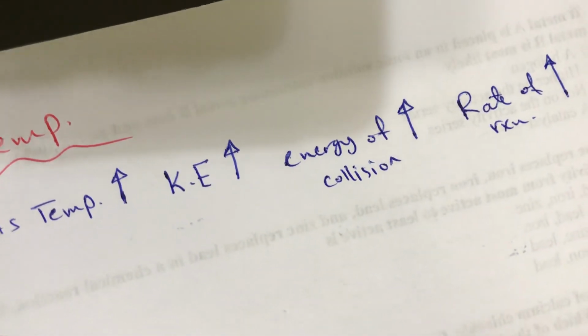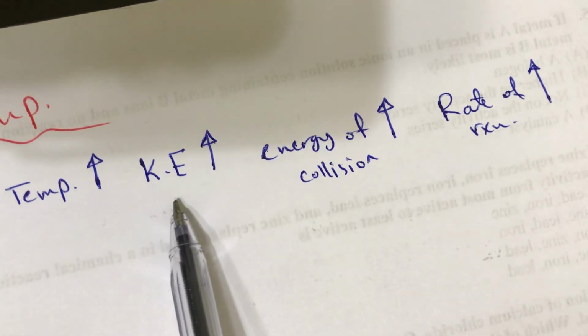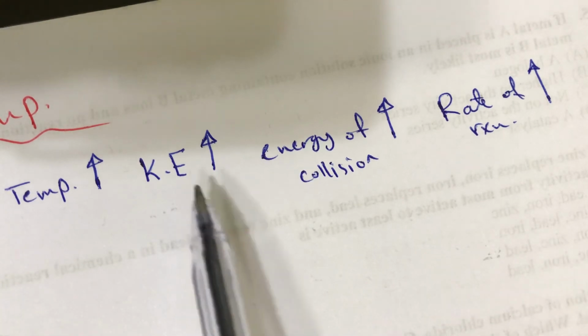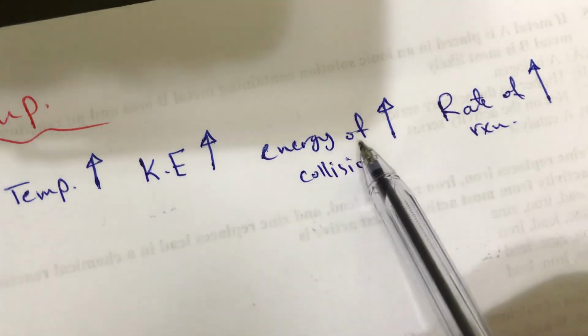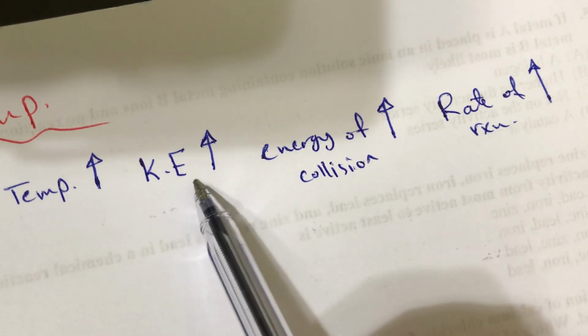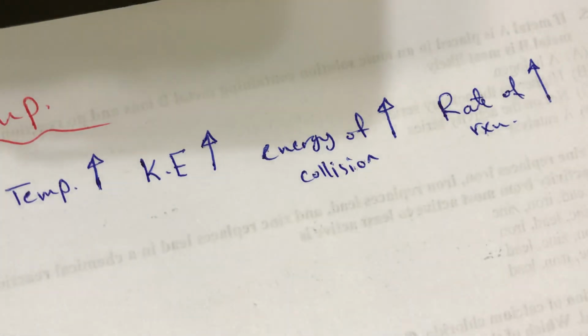So again, as temperature increases, kinetic energy of particles increases, so energy produced from a collision increases because they have greater kinetic energy, so the rate of reaction increases.